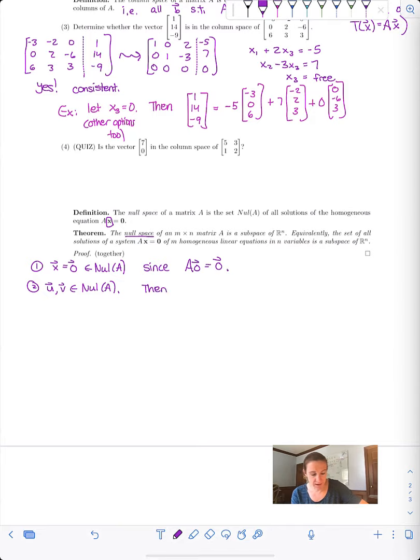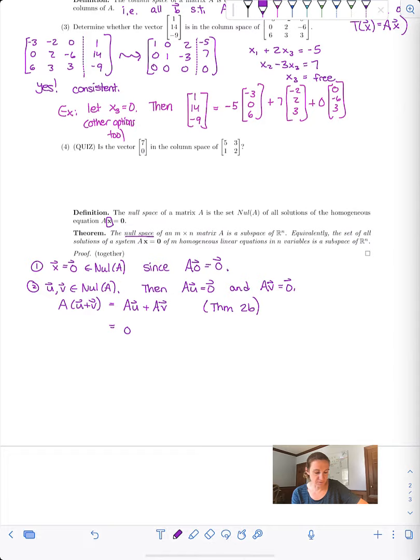So we have Au equals 0 and Av equals 0. Now let's look at their sum. If we look at A times (u plus v), first of all, we can use the distributive property, and I promised you that this time I would pull out the actual theorem number. This is theorem 2b in this chapter.